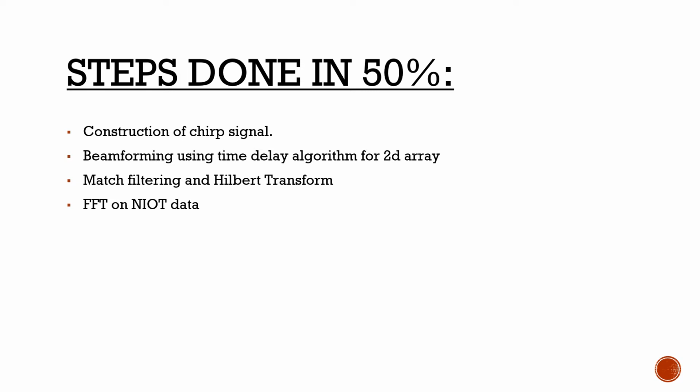After match filtering, we did the Hilbert transform. So the Hilbert transform is basically a phase shifting transform where the phase of each component is shifted by plus or minus 90 degrees. And as the last step of the 50%, we performed fast Fourier transform on the NIOT data.